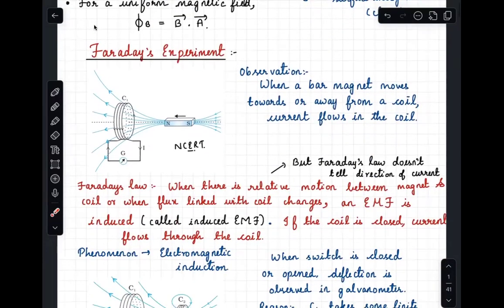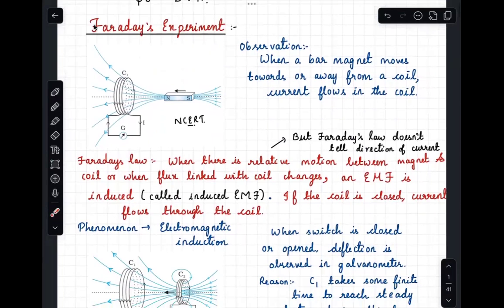Now you will go with Faraday's experiments. In fact, this is the starting point of whatever technology you are facing and seeing right now. It is the starting point for generation of electric current, particularly AC.